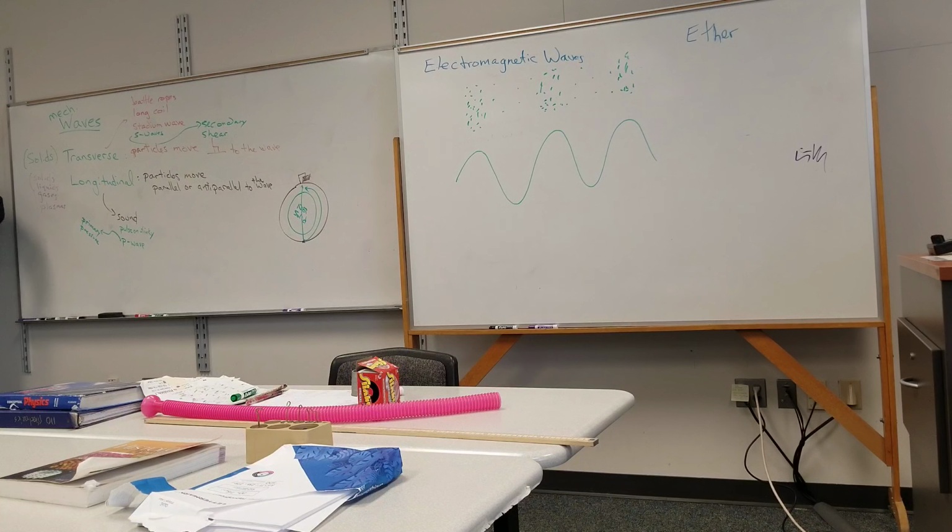And I'm going to put in one other type of wave here called a surface wave. The reason I don't include it with these two is that the surface wave really is just a combination of the two.